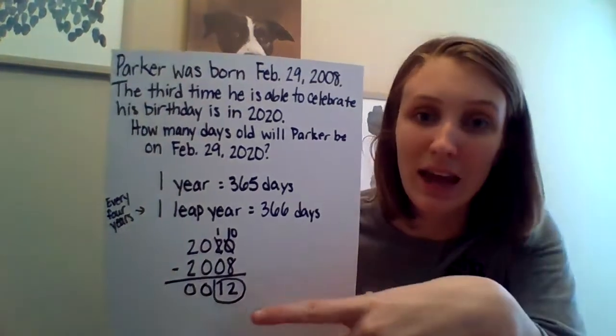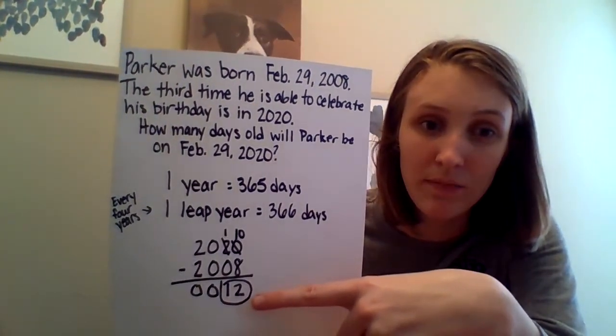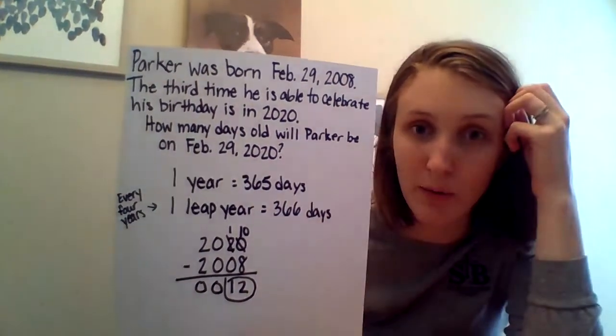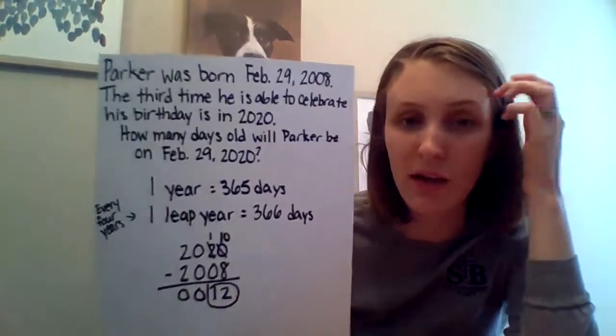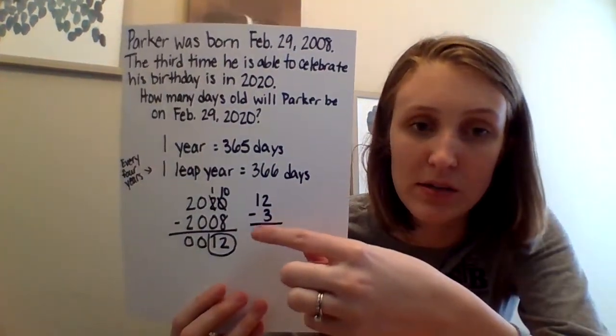So let's take 3 of these 12 years and find out how many days that would be. I'm going to do 12 minus 3, and I get 9. So I'm going to take away 3 of those years.